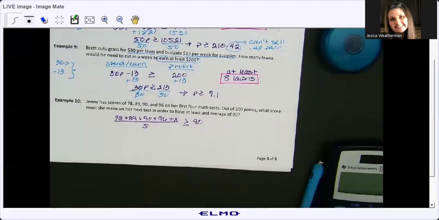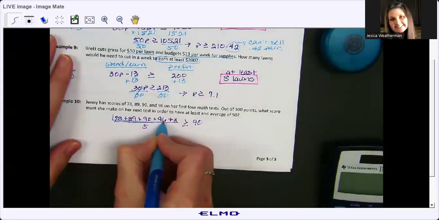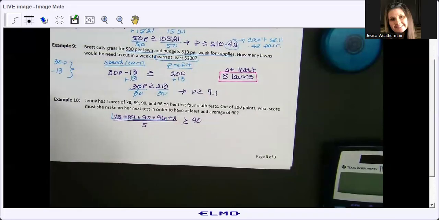Now, what would be the first step you would do to solve this problem? Okay, we can add all like terms up here. So let's add all those together. We're going to do this real quick. Did anyone figure it out? Yep, 300.